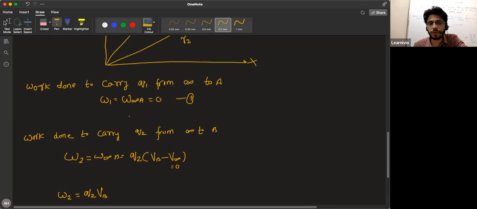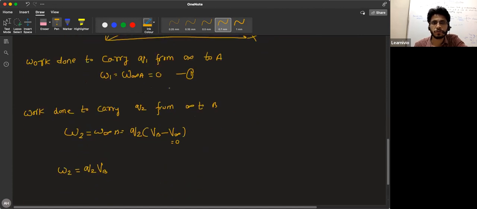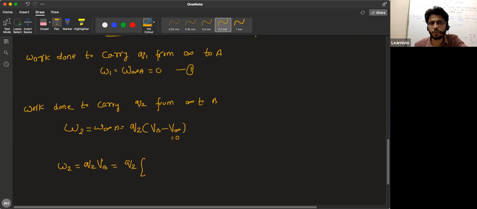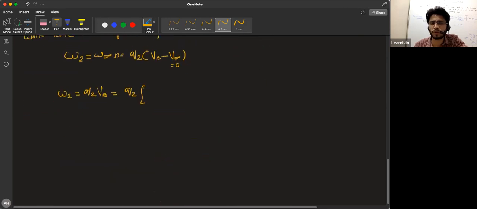And how much is VB? VB is the potential at B due to this Q1. Let's call this separation R. So what is the expression of VB now? Q1 is a point charge, and we are calculating potential at a separation R12 from the point charge. What will be the expression?